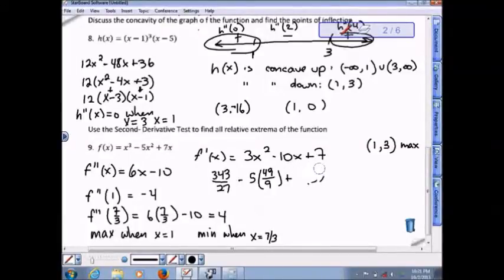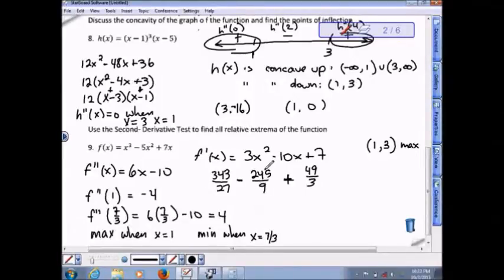So simplifying this, we get 49/3. 5 times 49 is 245, so this is minus 245 ninths.